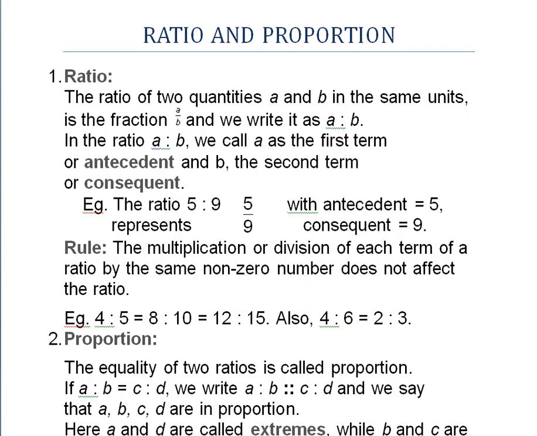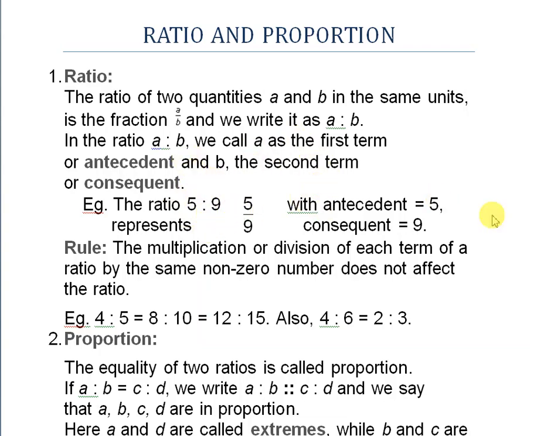So we can write 5 ratio 9 as 5 divided by 9. Now we know that the antecedent is 5 and the consequent is 9. If you get confused about which term is called what, you can remember it like this: in the alphabet A comes first, so the first term will be the antecedent and the second will be the consequent.